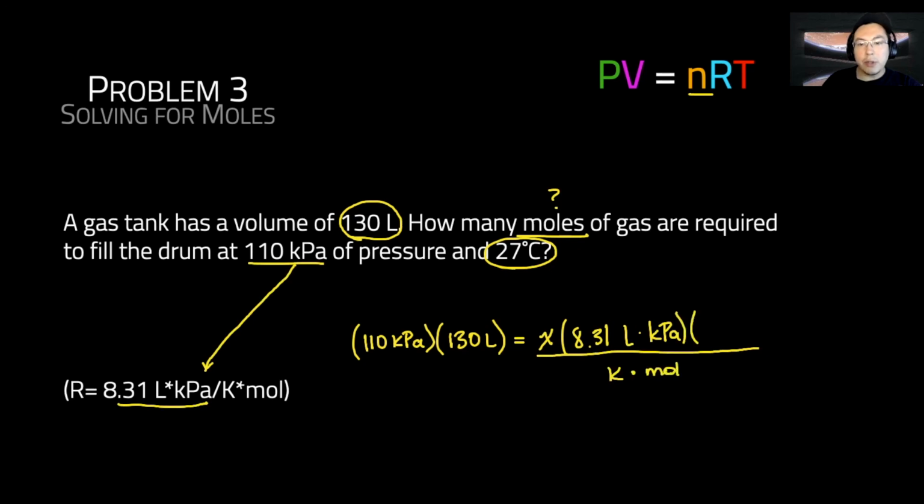And our temperature was 27, right? So it's going to be standard temperature plus 27, right? This is going to give us in here 300.15 Kelvin, right?